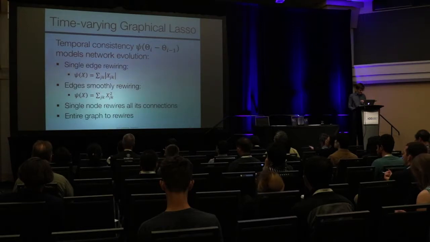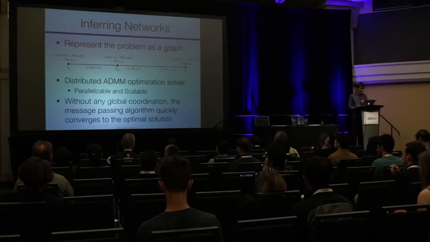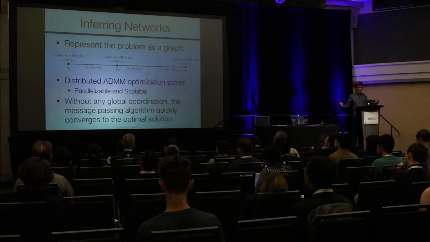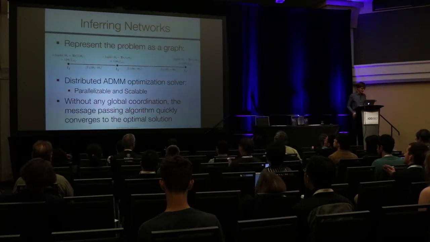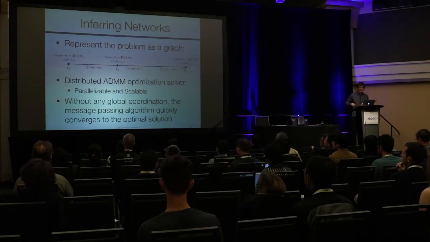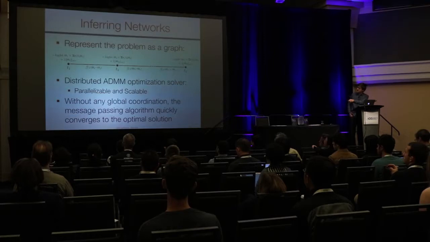So now the next question is, how do I go and compute this? And the way we solve this equation I had two slides ago is that we represent the optimization problem as a graph. In this case, we will represent our optimization problem as a long chain graph, where for every time step we have a node, and every node is trying to solve its own optimization problem, which is basically to determine a network structure at that node.